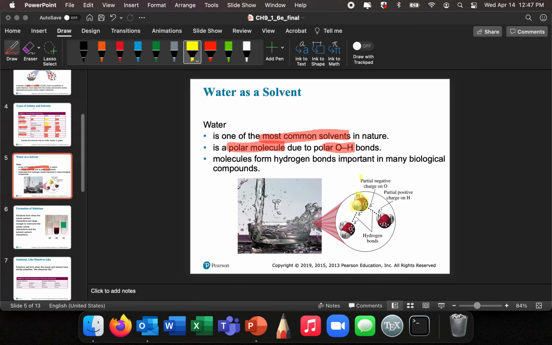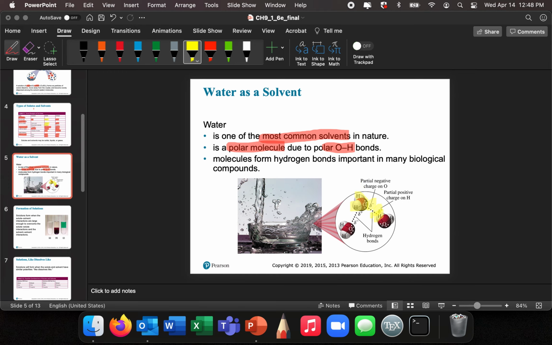It's my water molecule right there, where the red sphere represents the oxygen atom, and the whites are the hydrogen atoms. And remember, the oxygen is electronegative. And since the oxygen is electronegative, it's going to have a partial minus charge on it, and it's going to take away electrons from the hydrogen, so it's going to leave a partial positive over here, and those partial minus and partial positive are going to be attracted to each other, right?